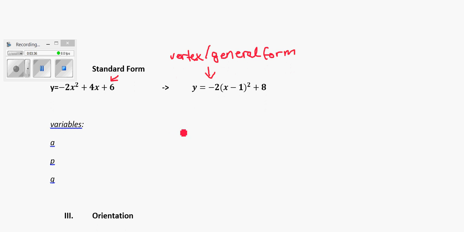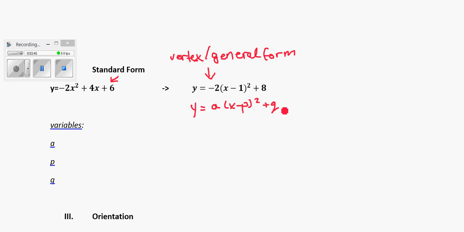The variables in this form, it's written as y equals a(x minus p) squared plus q. And we're going to be referring to a, p, and q a lot in this lesson and on the assignments.